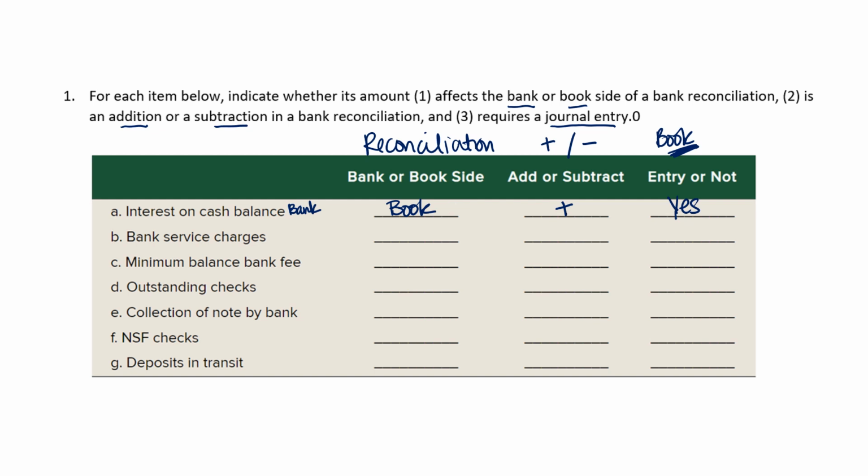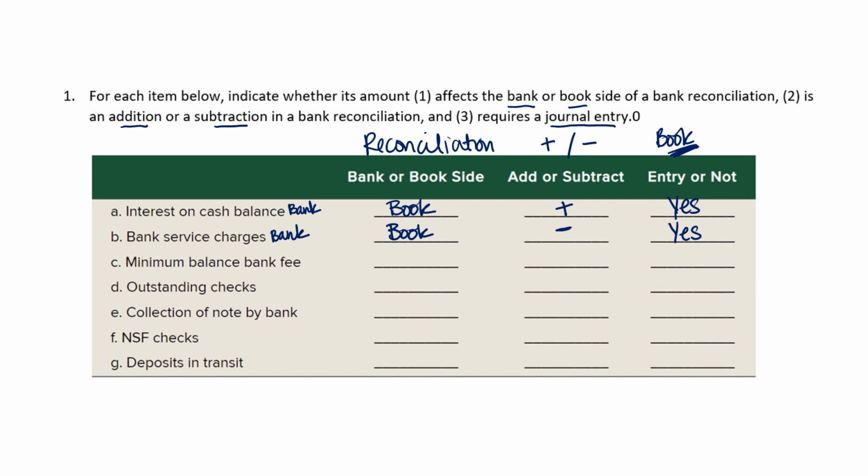B, bank service charges. Who already knows about this? The bank. So that means the adjustment will be on the book side of the reconciliation. Bank service charges will be a fee, so you subtract those. Yes, there will be a journal entry because this is a book adjustment.